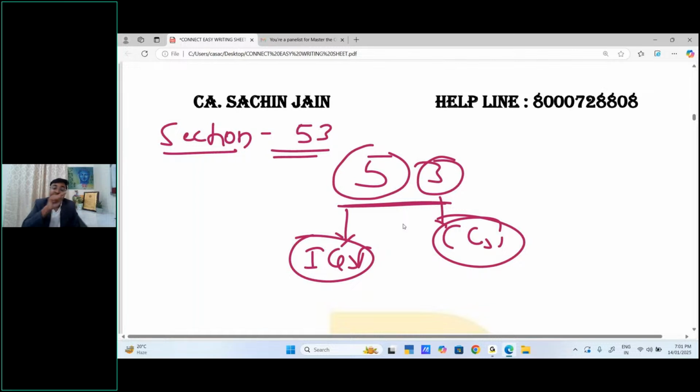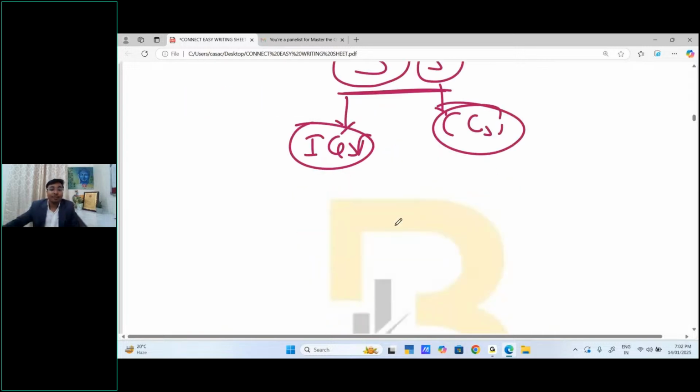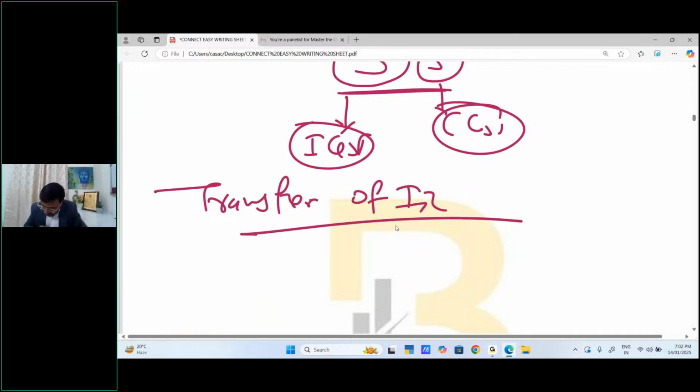That means I need to transfer the amount from IGST to central GST, that means 5 to 3. That complete mechanism is governed through section number 53, transfer of input tax credit.